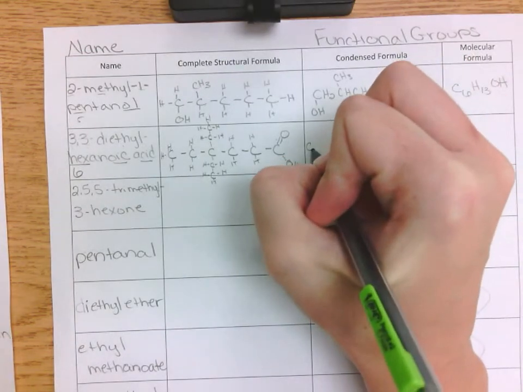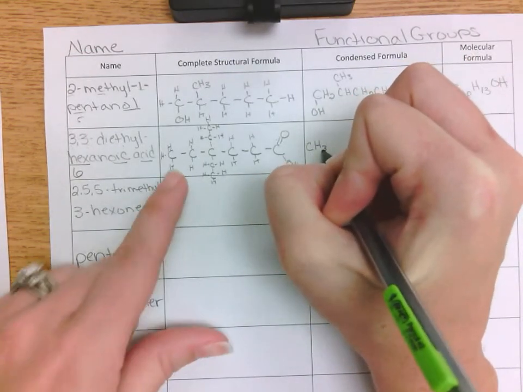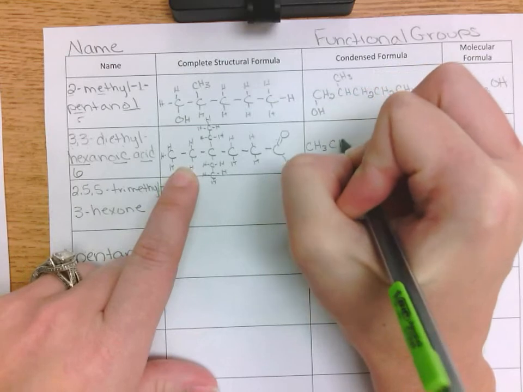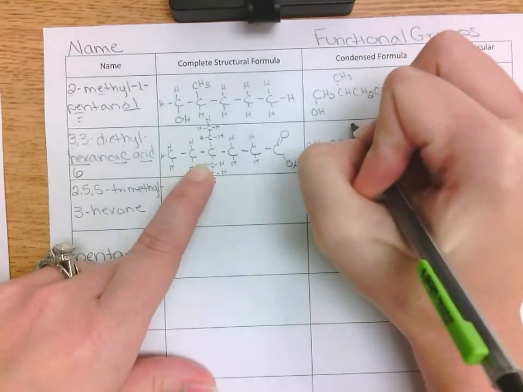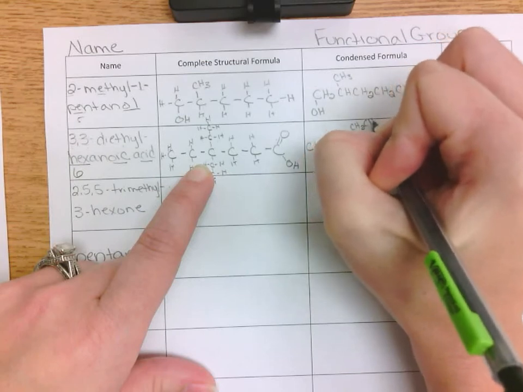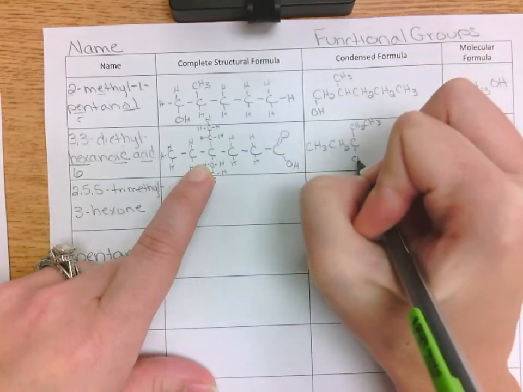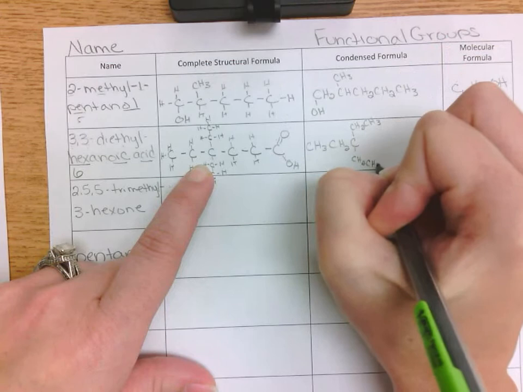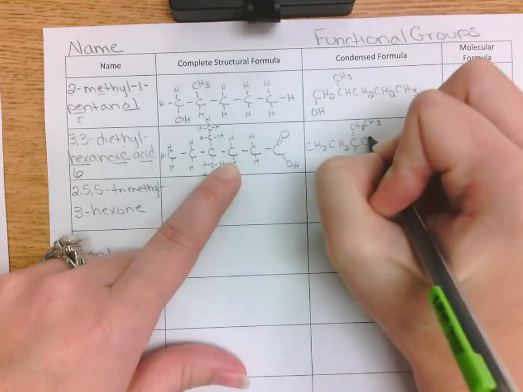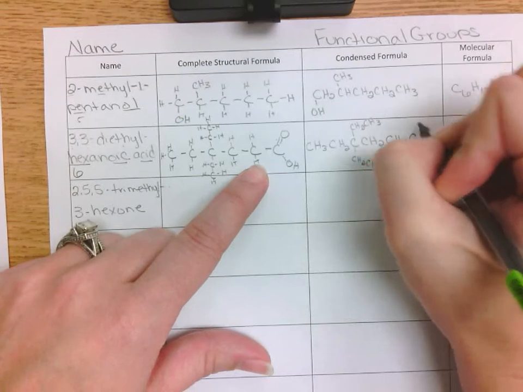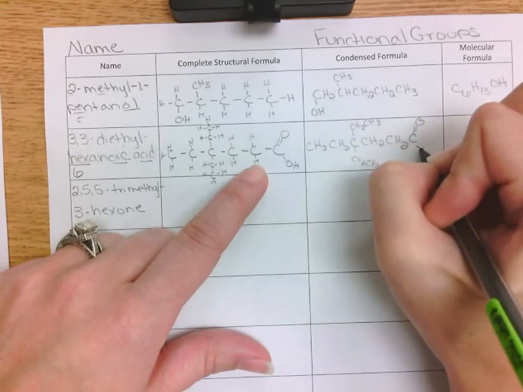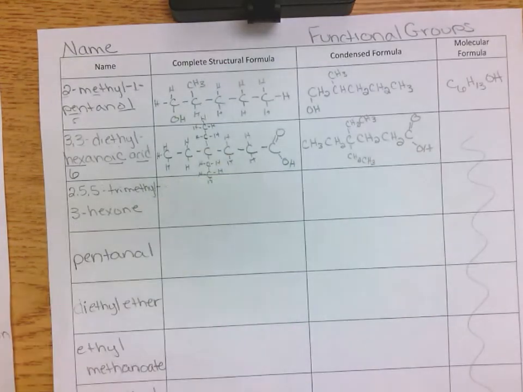So now my condensed version: CH3, CH2, C, CH2, CH3, CH2, CH3, CH2, CH2, C, double bond O, single bond OH. So that is my carboxylic acid.